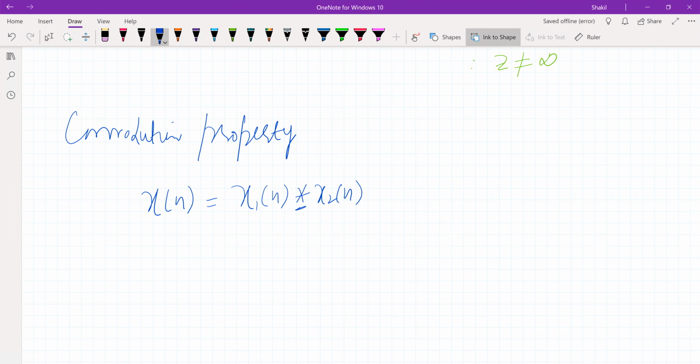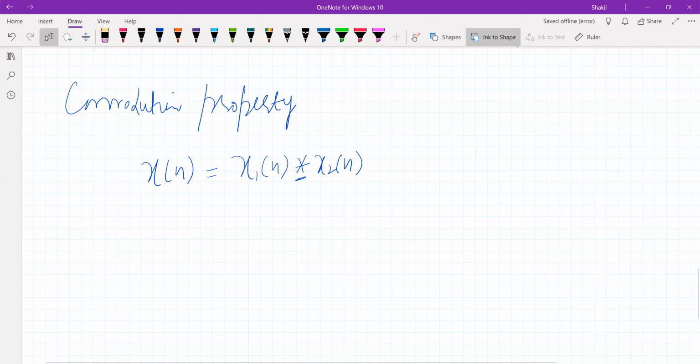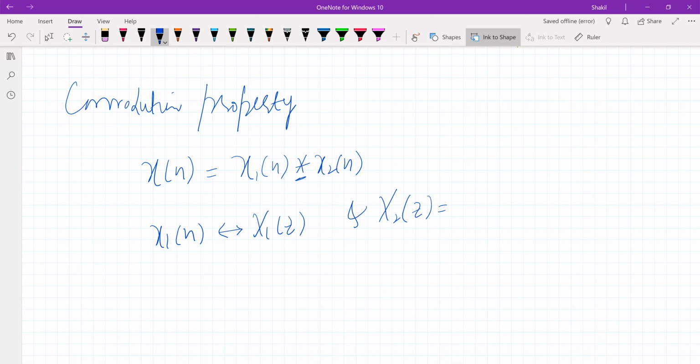This is the convolution operation. And remember, if x1 of n has the z transform x1 of z, and x2 of z is the z transform of x2 of n.